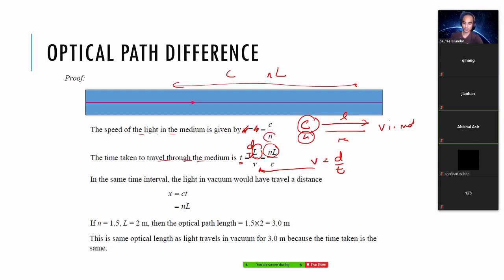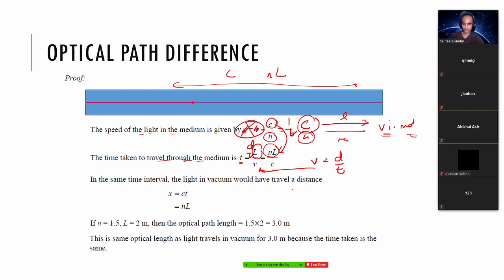So actually this part goes down over here, so we have nL over c. It is 1 over v, of course, where v is the speed in the glass.